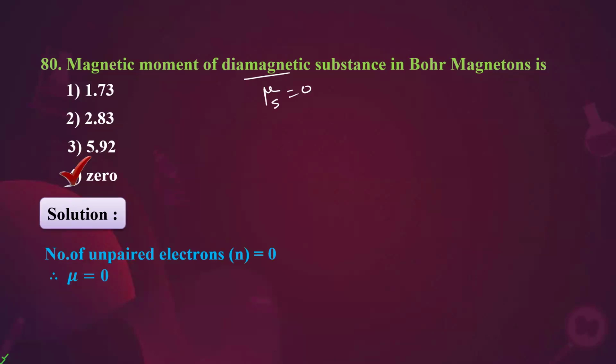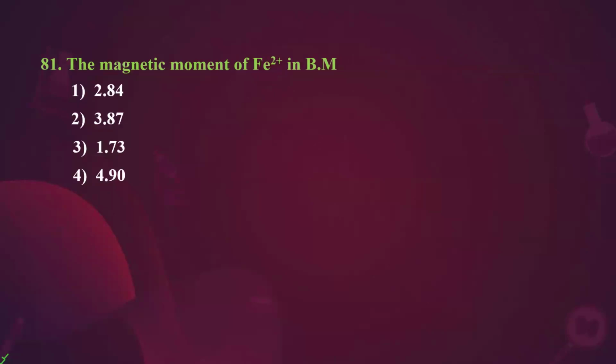So, 0. The magnetic moment of Fe2+, I have already calculated this one. Okay, you can say Fe has 26 electrons, so it will be 3d6 4s2. To get the Fe2+ ion, you have to remove 2 electrons.